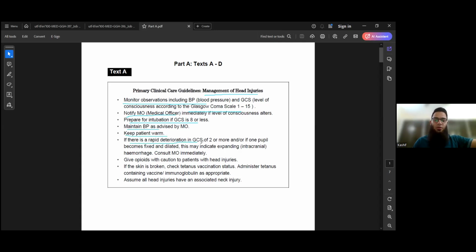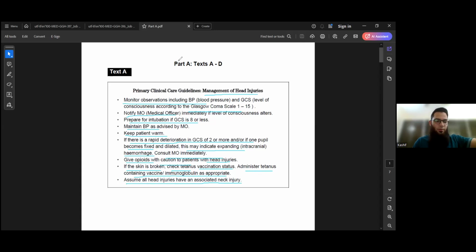If there is a rapid deterioration in GCS of 2 or more, and if one pupil becomes fixed and dilated, this may indicate expanding hemorrhage. Consult MO immediately. Give opioids with caution to patients with head injuries. If the skin is broken, check tetanus vaccination status and administer tetanus containing vaccine, and assume all head injuries have an associated neck injury. Okay, got it.